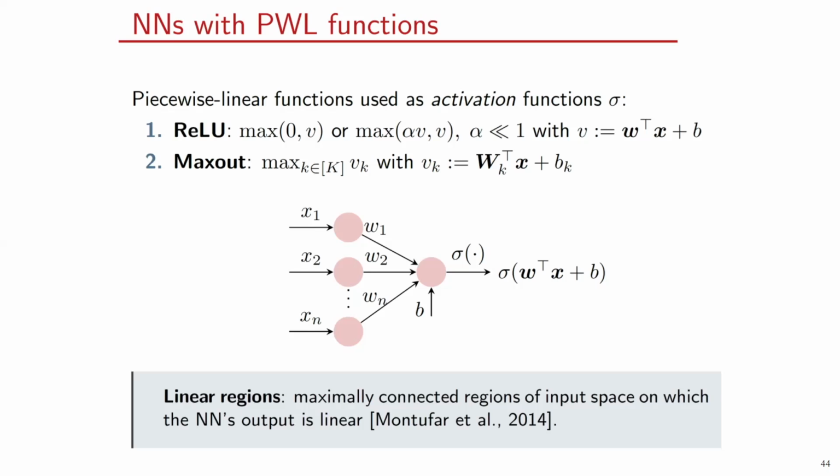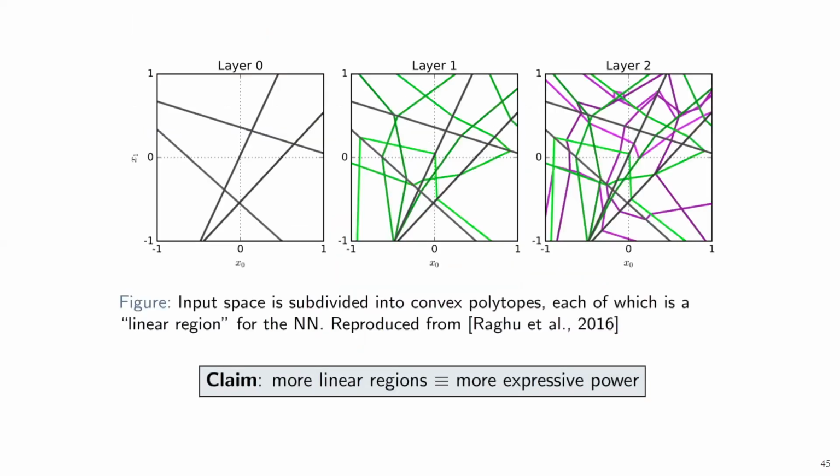Well, an interesting fact about this type of neural nets is that it's about their linear regions. Linear regions are defined as the maximally connected regions of input space on which the neural net output is linear. This is a concept by Montufar 10 years ago. A very important concept. The claim is that if we have more linear regions, then we have more expressive power.